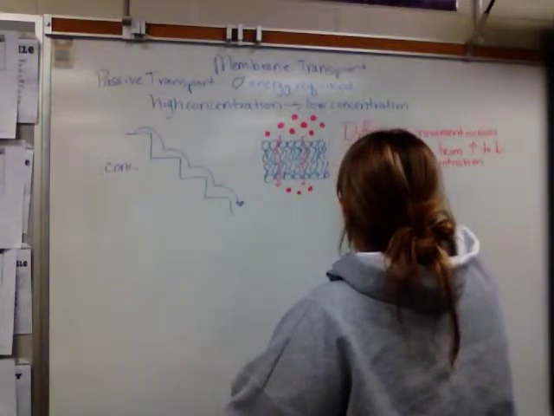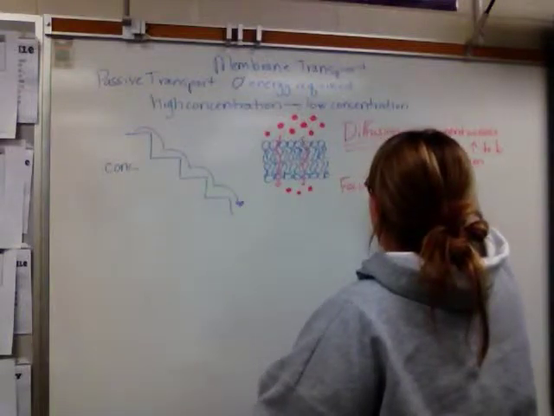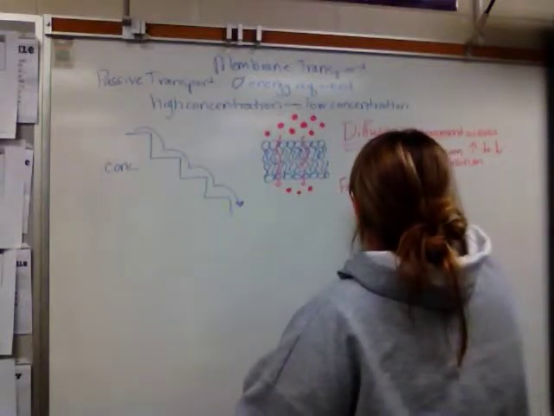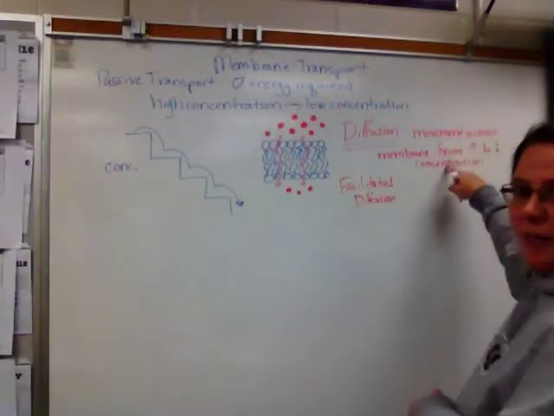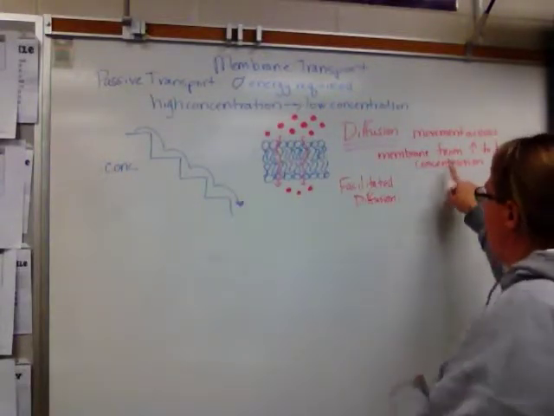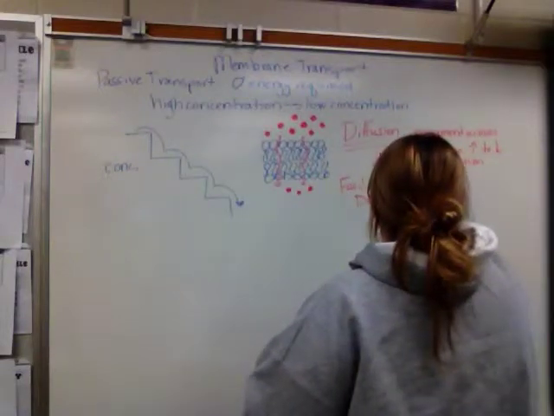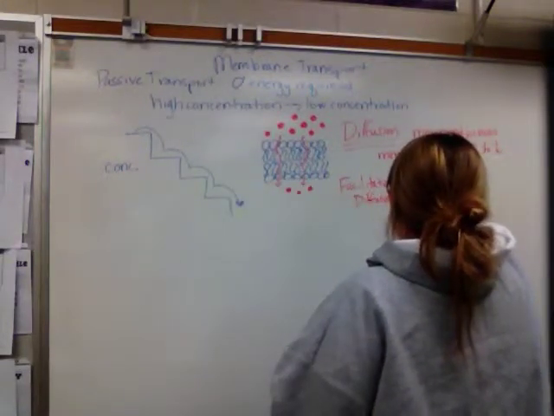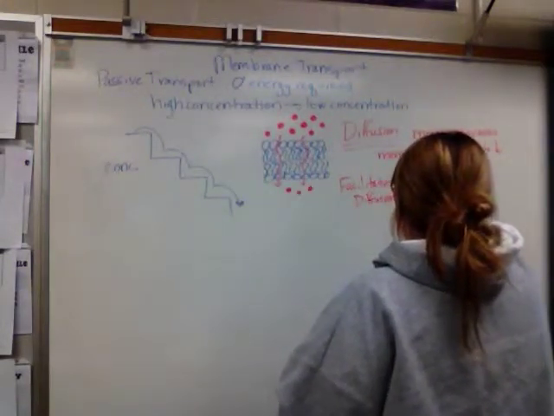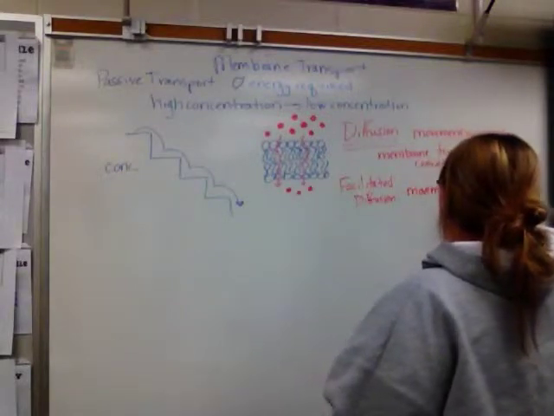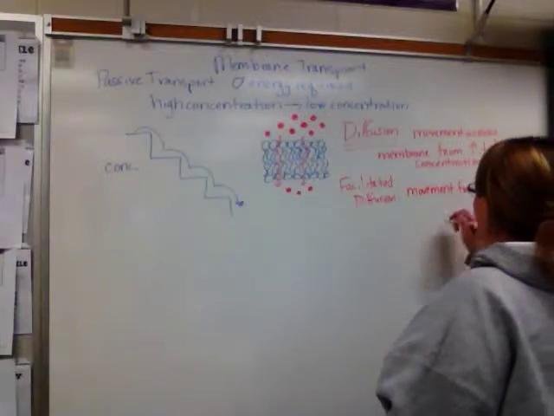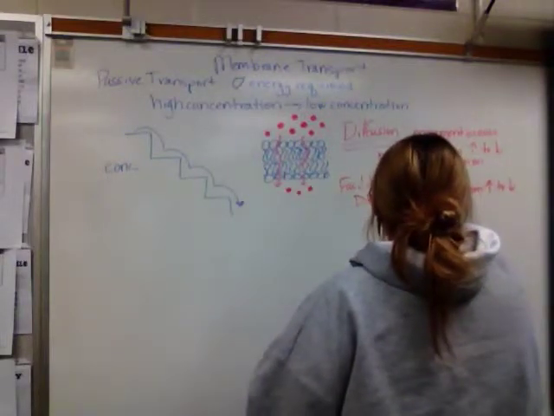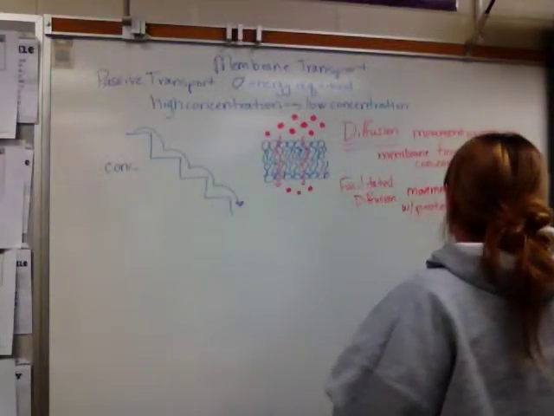And so we call that facilitated diffusion. So it's the same thing. It's movement from high concentration to low concentration with the help of membrane proteins. So we're going to have movement from high to low with protein help.